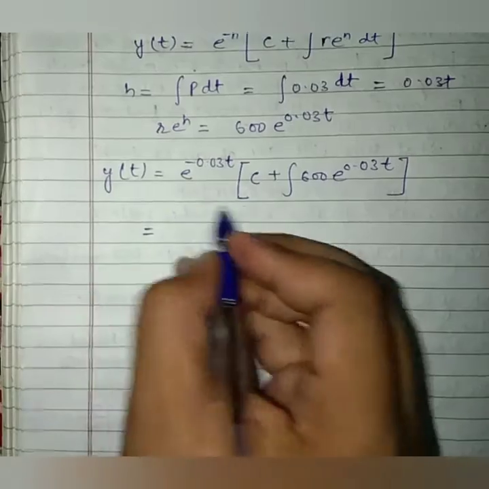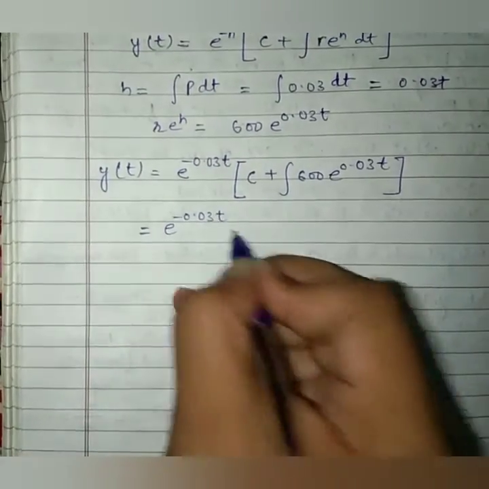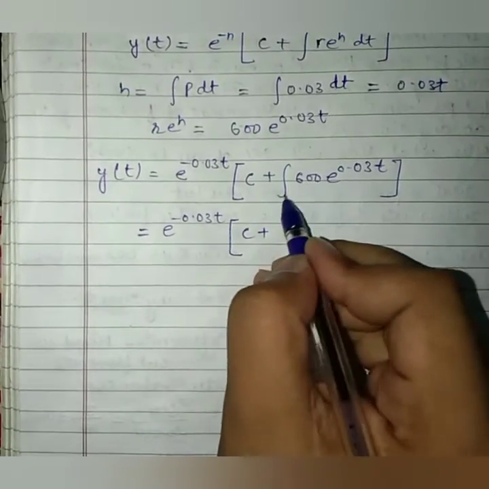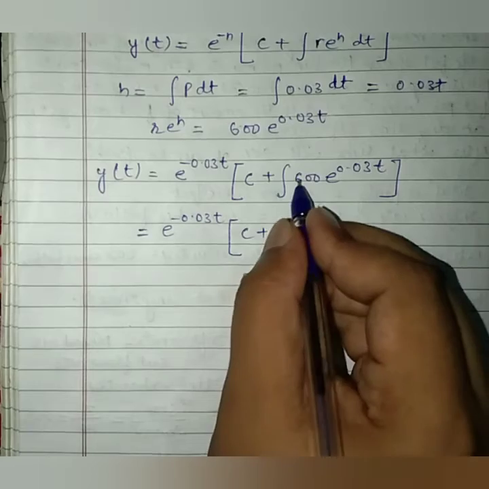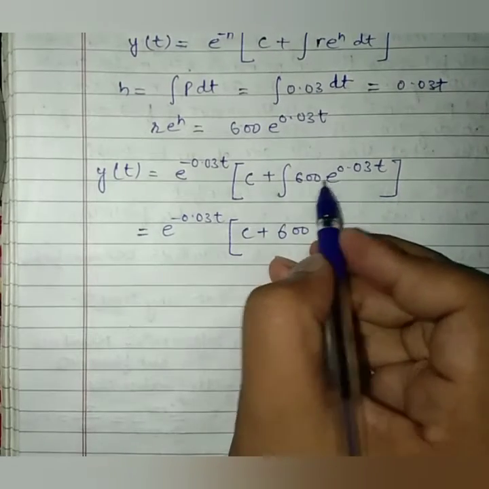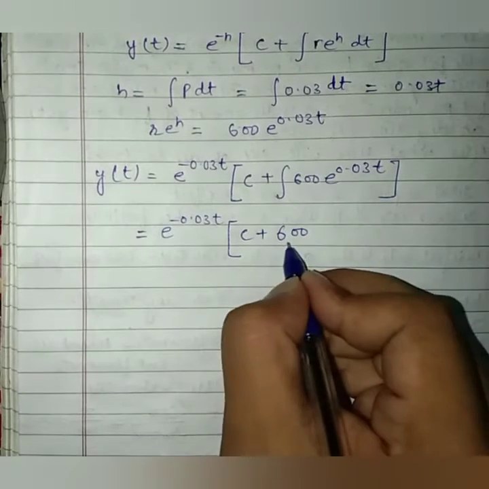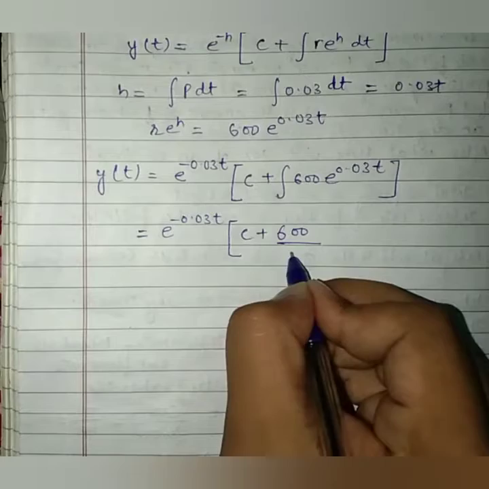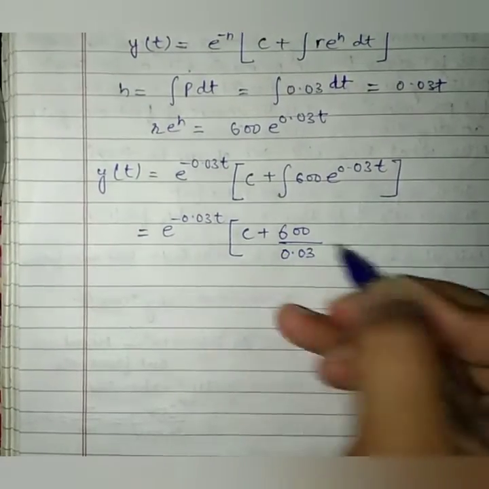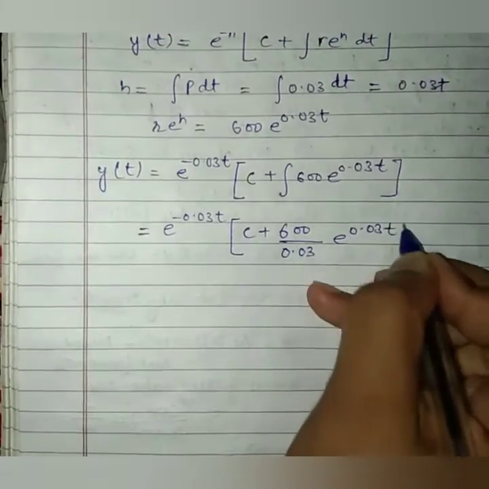Now we have to solve it. E power minus 0.03 t, c plus, when we solve this, we take out 600, and when we integrate e power 0.03 t, we get 1 by 0.03 in the denominator, times e power 0.03 t.